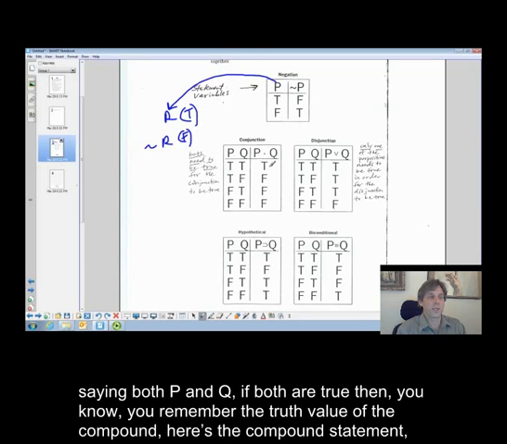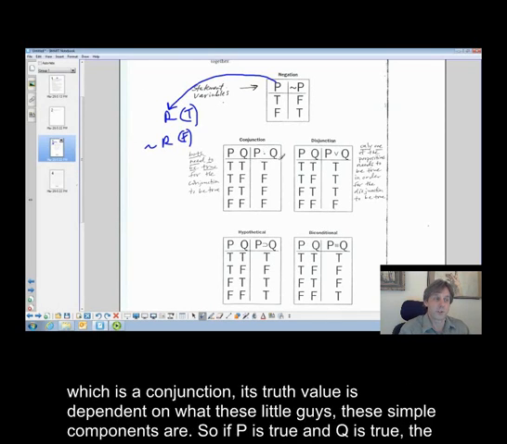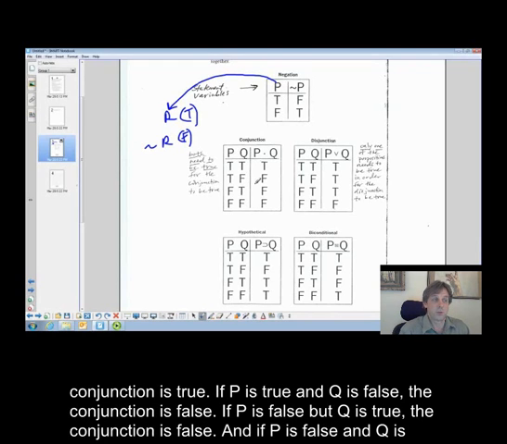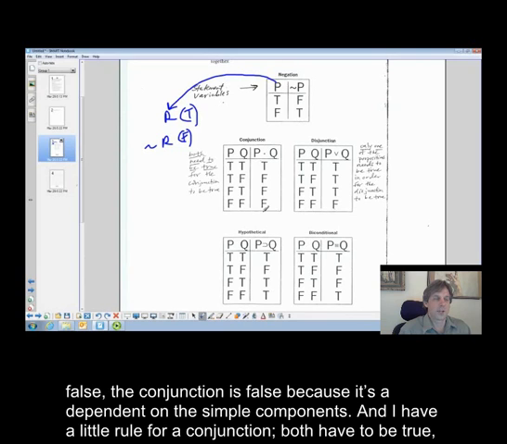You're saying both P and Q. If both are true, then, you remember, the truth value of the compound, here's the compound statement, which is a conjunction, is dependent on what these little guys, these simple components, are. So if P is true and Q is true, the conjunction is true. If P is true and Q is false, the conjunction is false. If P is false but Q is true, the conjunction is false. And if P is false and Q is false, the conjunction is false, because it's dependent on the simple components.